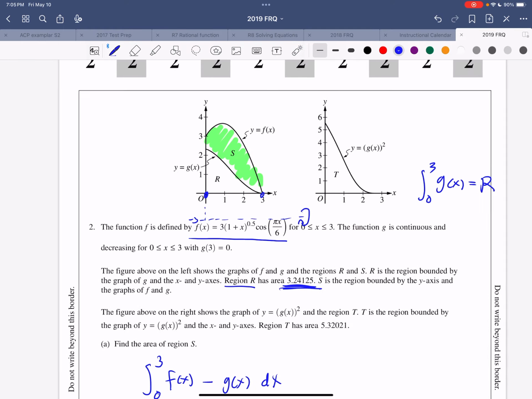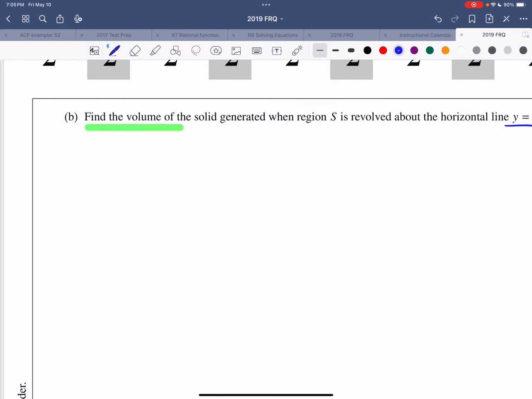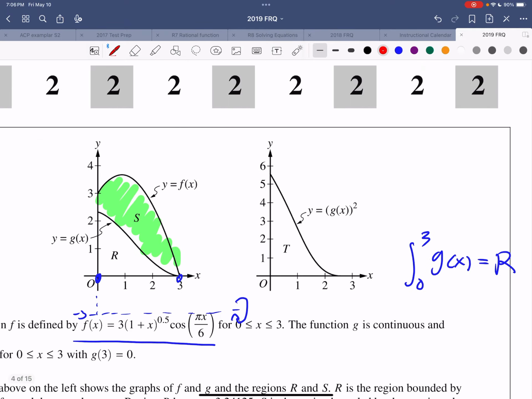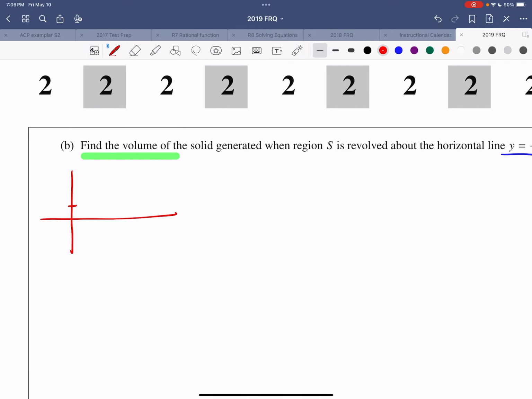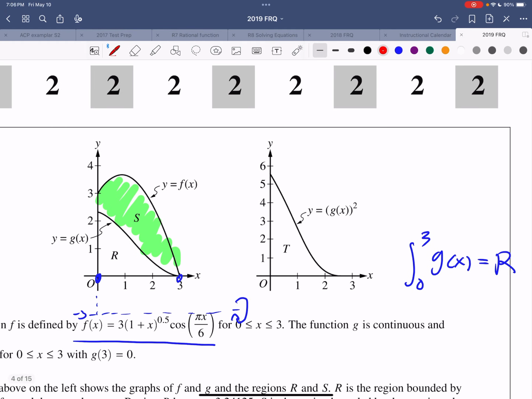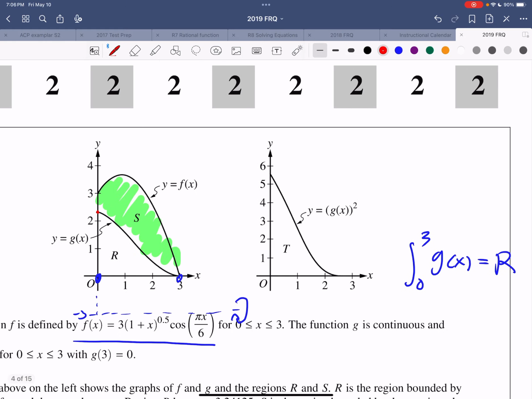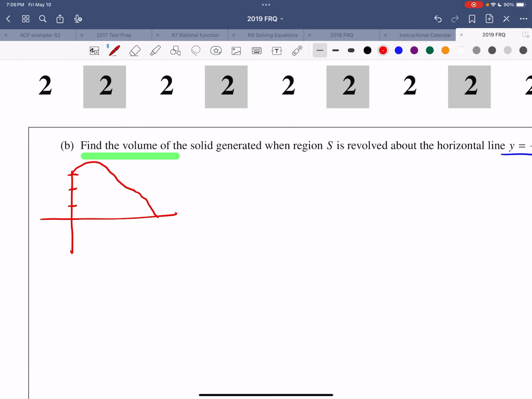So when you actually graph it, I have a graph like this. So 1, 2, 3. The first one is at 3 and the other one is between 3 and 2. So I have a graph like this. And it hits 0, another one hits here, and then hits here.